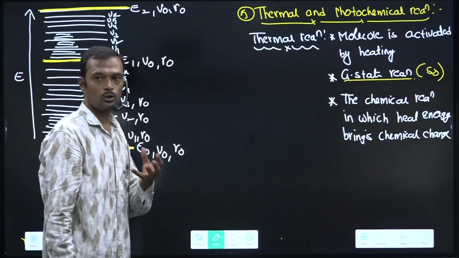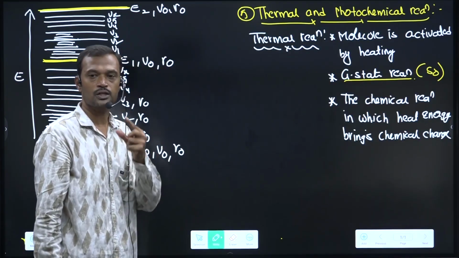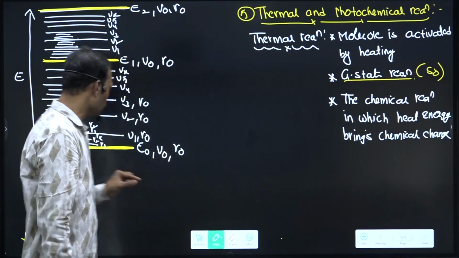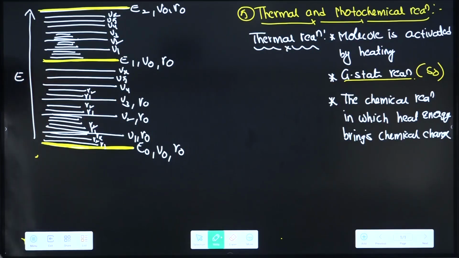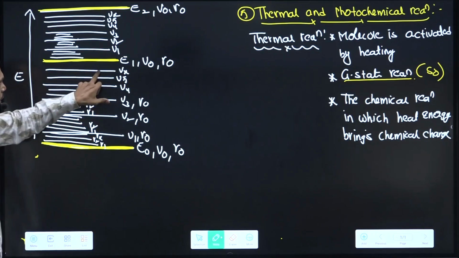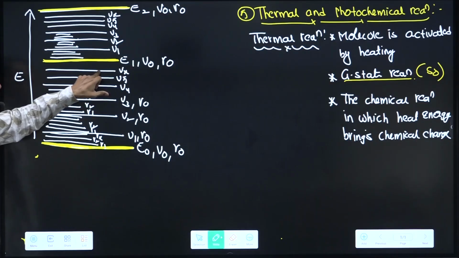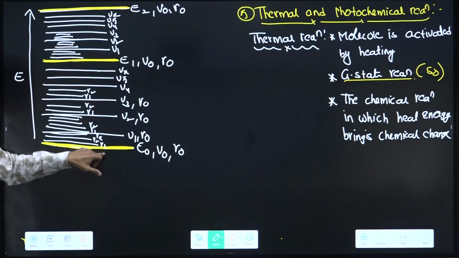So when any molecule absorbs heat energy, it brings change in its vibration energy level only. Only the vibration changes, it never reaches the electronic energy level. It may reach up to here, vibrations. If it reaches up to here, from there you will get product. Otherwise it will get down to the ground state electronic energy level.